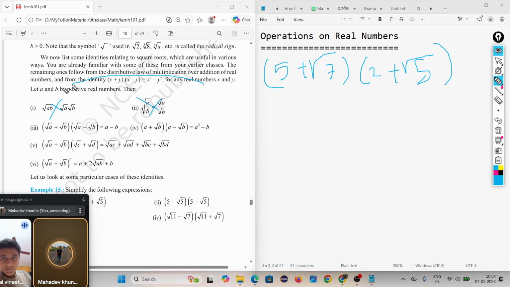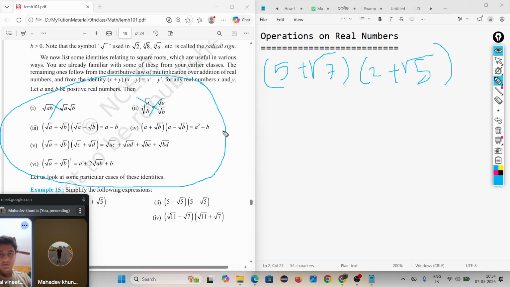In all the identities, find the one in which all the terms are different.